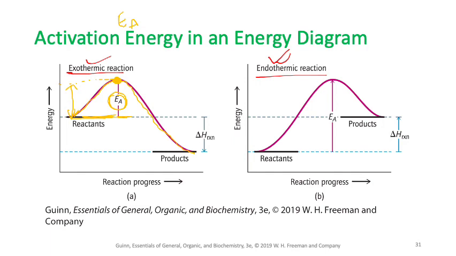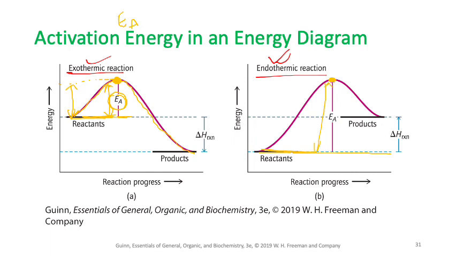So for an exothermic reaction, if you can see, the activation energy is the difference. Whereas for the endothermic reaction, you have the reactant again, right? Let's move it a line and then pick the topmost line on the graph and see what the difference is.